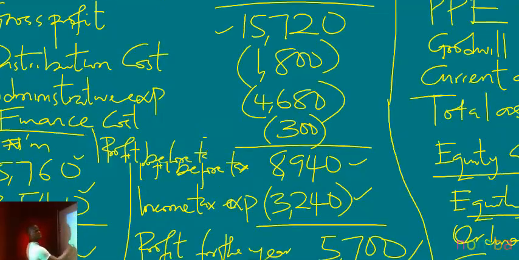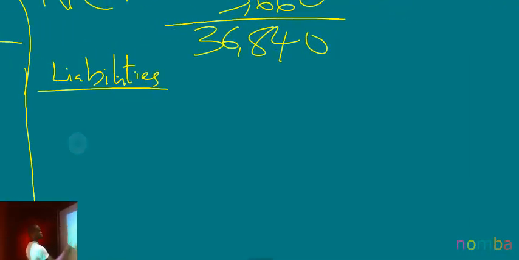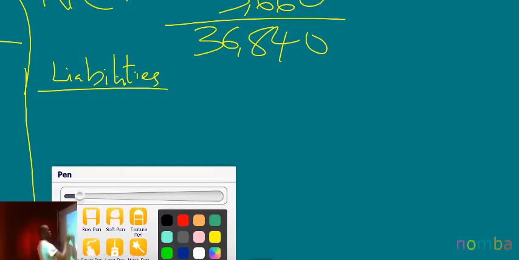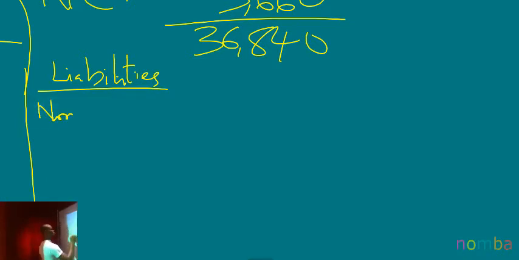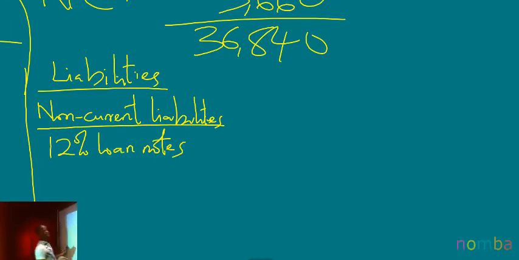Then I will have my 12% loan notes under the non-current liabilities, and that was 4,200.